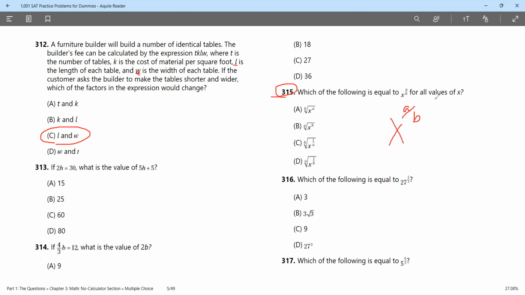In exponents, or in radicals, there is a rule that says if you have a radical like that, and the radical holds a power here, and you want to convert this radical expression into an exponential expression, you have to write it like that. So, of course, the answer will be A.